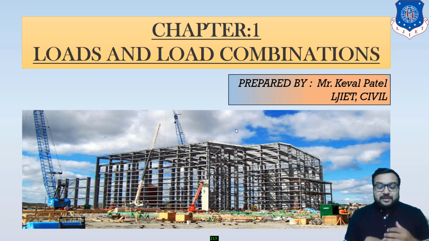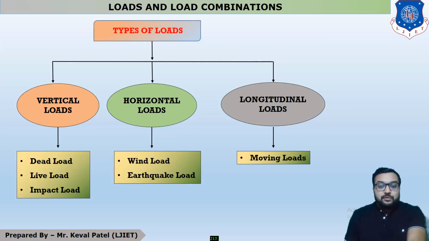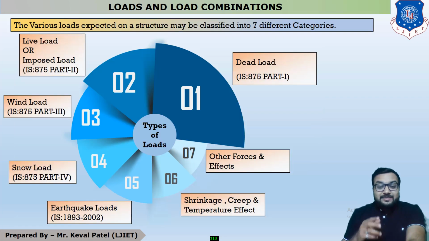In types of load there are mainly three types: first one is vertical loads, second one is horizontal loads, and third one is longitudinal loads. In the last lecture we discussed them briefly.